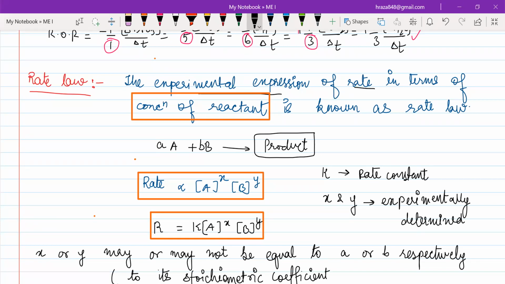So it's very easy to understand that this power may or may not be equal to its stoichiometric coefficient. That we will know after experiment. Is that clear?